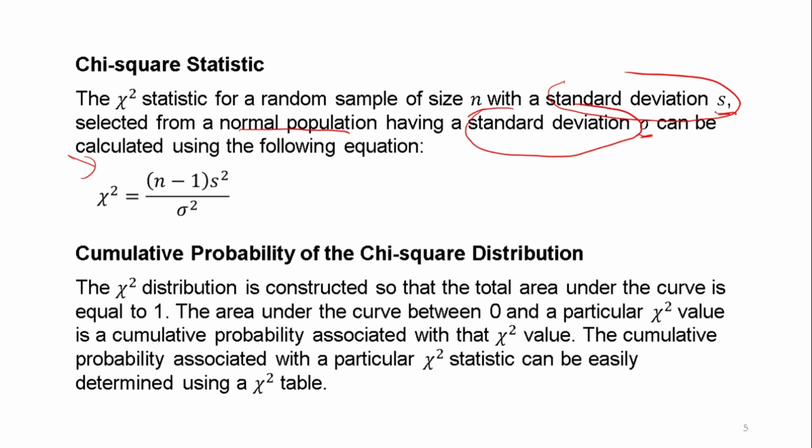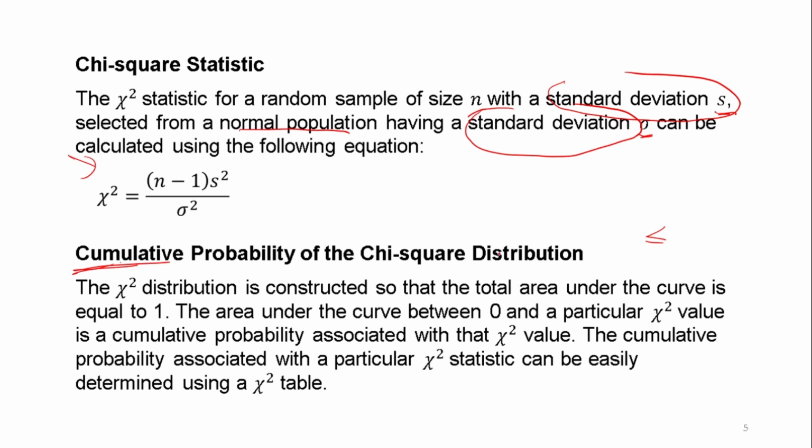And then cumulative. If the question mentions cumulative, your symbol should be less than or equal to. This is also similar to the other distributions.